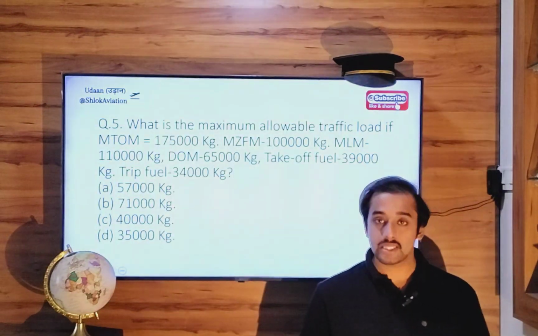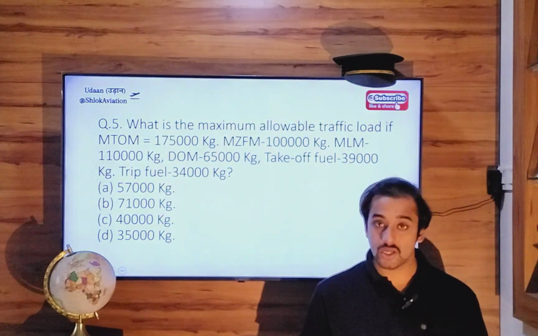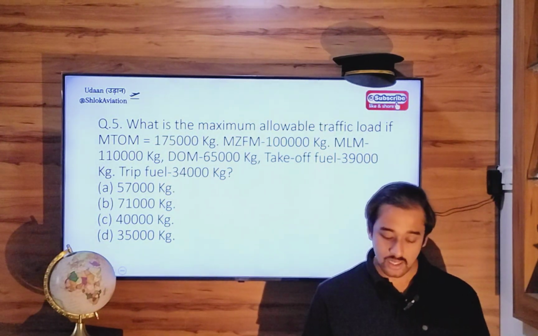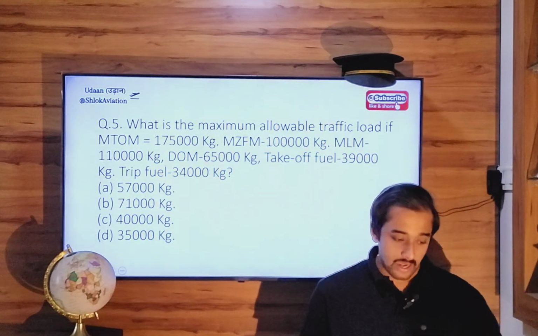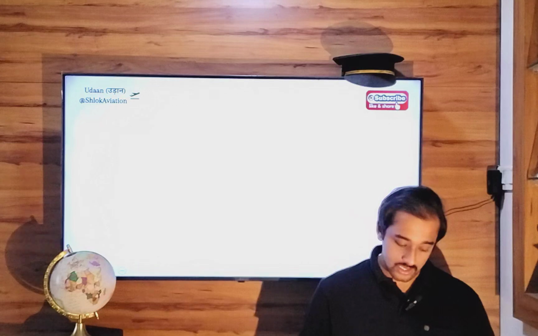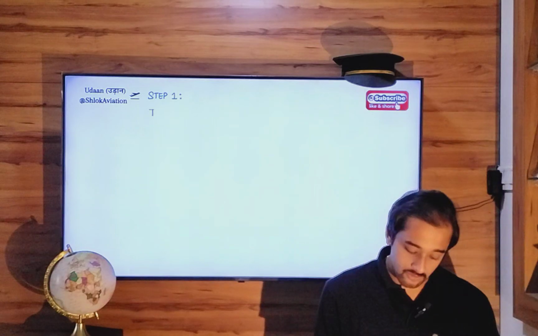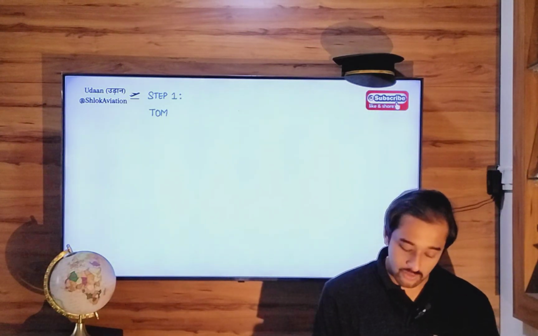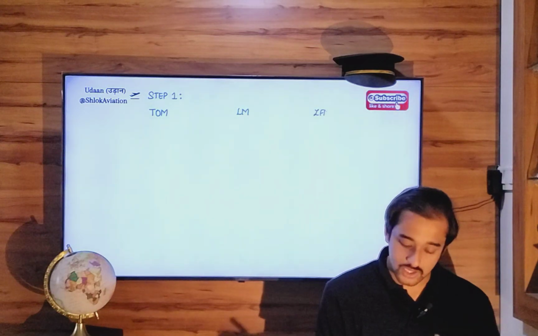That is, what is the maximum allowable traffic load if maximum takeoff mass, zero fuel mass, landing mass, dry operating mass, takeoff fuel or fuel on board and trip fuel is given. Let's start with step number 1, which is to make 3 columns, one for takeoff mass, the second for landing mass and the third for zero fuel mass.